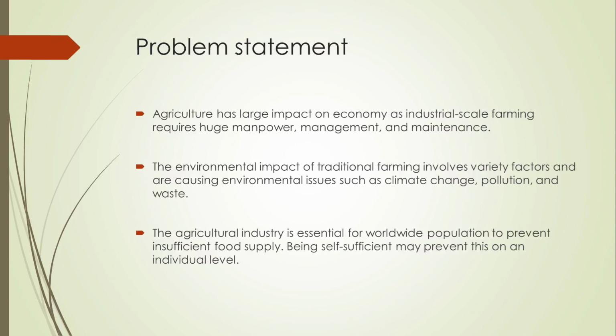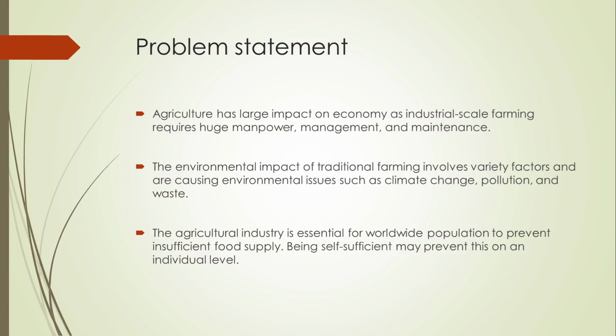I would like to start the introduction with the problem segment. As industrial scale farming requires huge manpower management and maintenance costs, it is safe to say that agriculture has a large impact on the economy. The environmental impact of traditional farming, like climate change, pollution, and waste, is also a major concern.